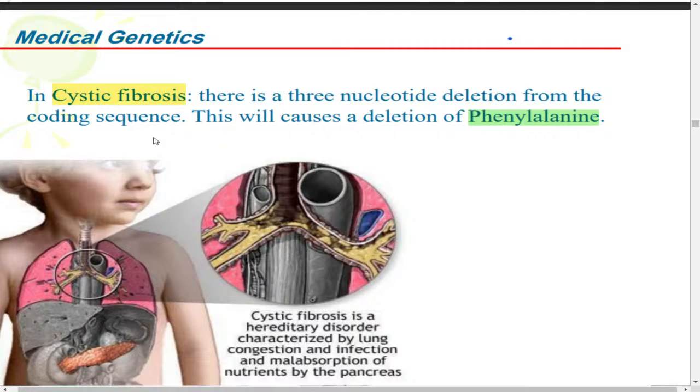This was cystic fibrosis with the deletion of phenylalanine. It could be seen here with cystic fibrosis, a hereditary disorder, lung congestion, malabsorption of nutrients by the pancreas.